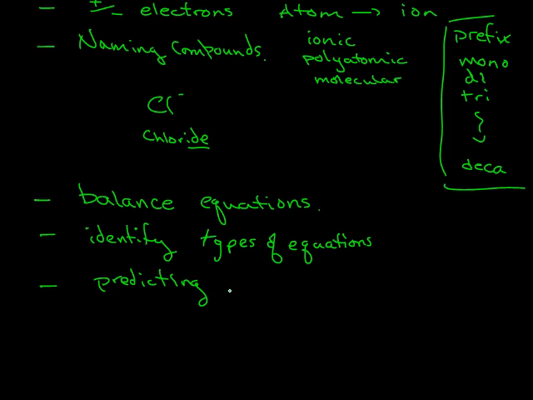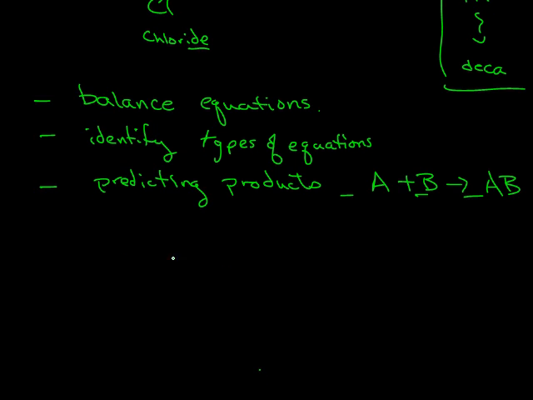Predicting products. So that's when you have a reactant A and you've got some reactant B, and then maybe it's a synthesis reaction, and you know that's going to form AB. And then once you have this prediction, then of course it usually leads to having to balance it and all those neat things.